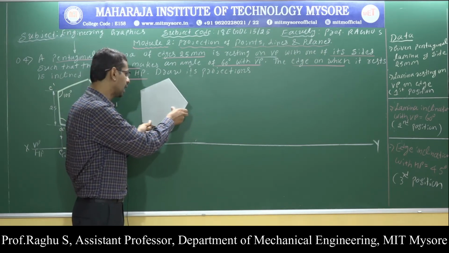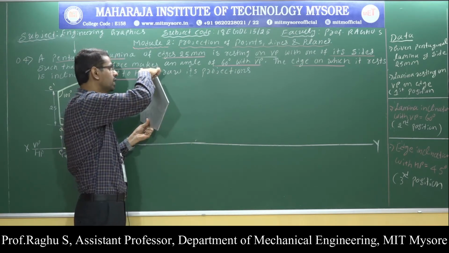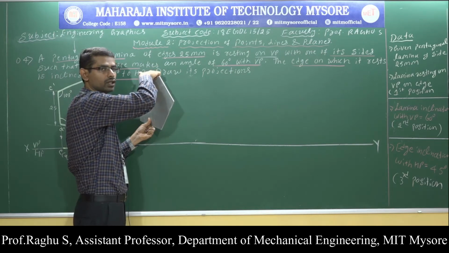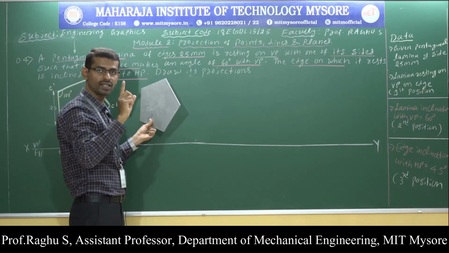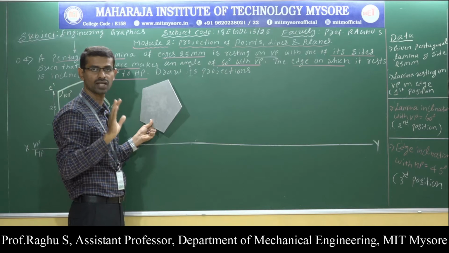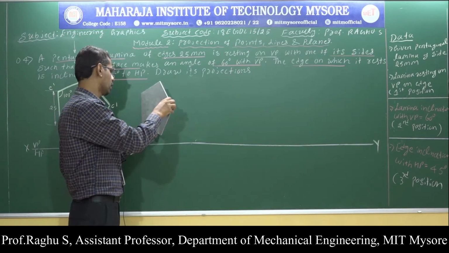Now I am going to tilt the lamina such that the surface makes an angle of 60 degrees with respect to VP. Just consider only one inclination, that is only VP inclination. Do not consider any other inclination.